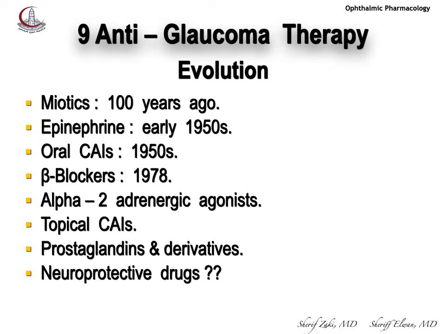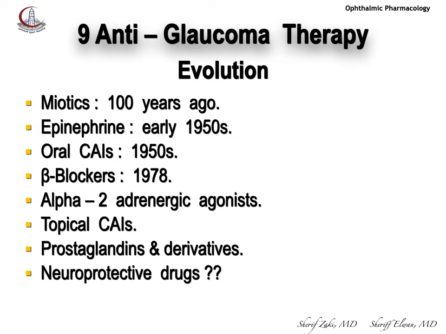Now we come to anti-glaucoma therapy, and we shall go through the evolution of using drugs in treatment of glaucoma. First, treatment with miotics was invented 100 years ago, and then epinephrine and oral carbonic anhydrase inhibitors were added in the 1950s.